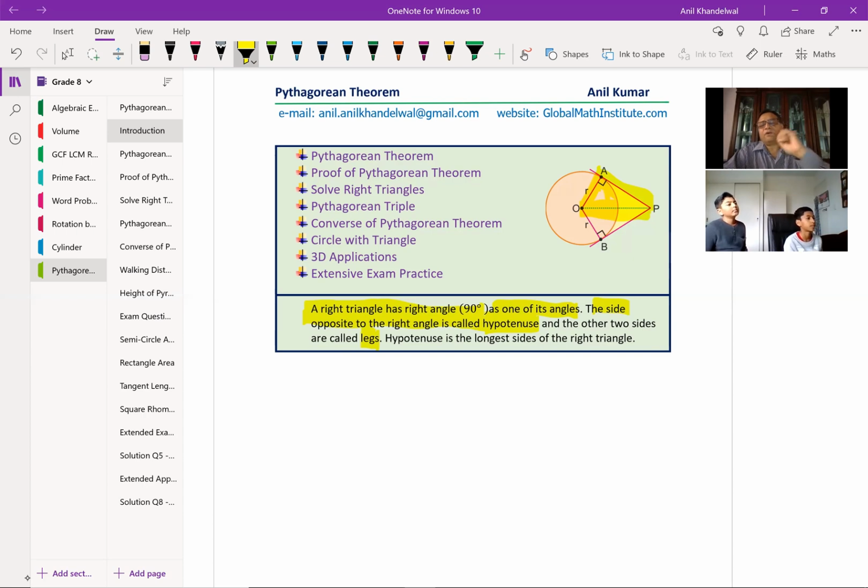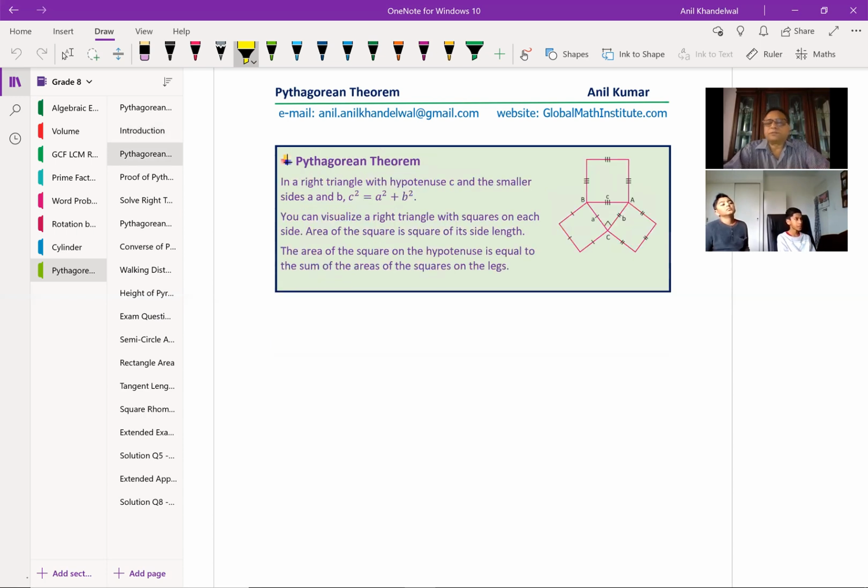As Devansh was saying, these triangles are related. So we'll look into the relation of these triangles. The relation is that the hypotenuse square is equal to a square plus b square, the other two sides square. Now, Arav, look at this right angle triangle. There's only one triangle here, correct?